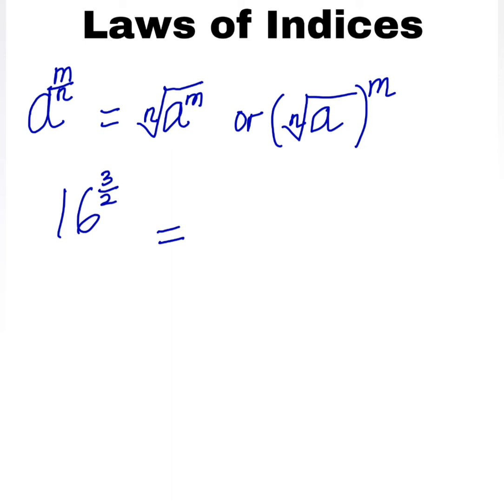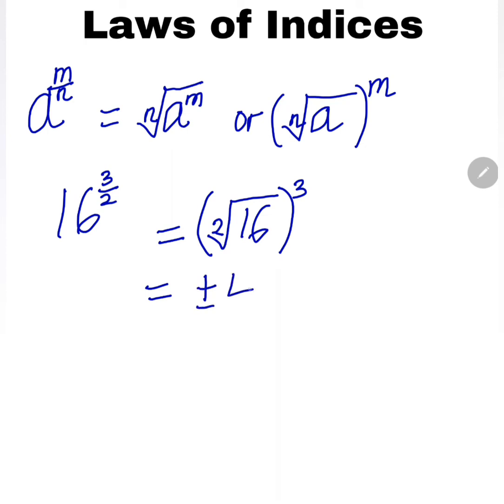So if you apply the law, you write as the second root or the square root of 16, then everything raised to the power 3. Then if you continue, if you look for the square root of 16, what you will get is plus or minus 4. The reason is because plus 4 times plus 4 will give you 16, and minus 4 times minus 4 will also give you 16.